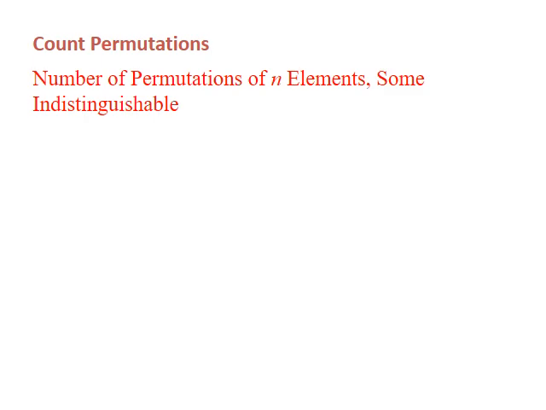Now, sometimes the elements are indistinguishable. For example, if I have the word 9, if I switch these two ends, I still end up with the same result. So it's indistinguishable. That means they're duplicates, basically.